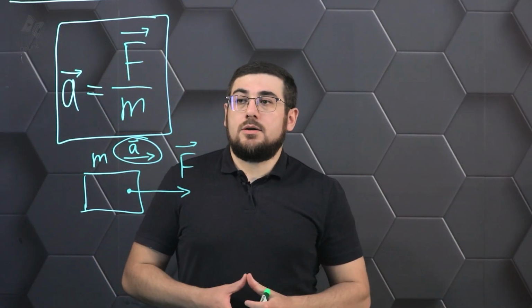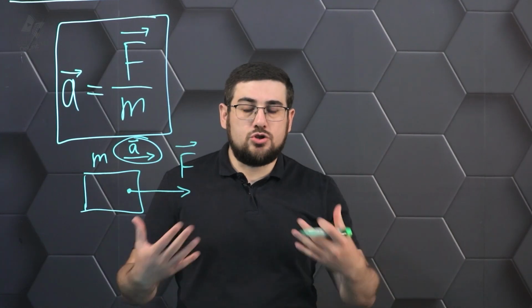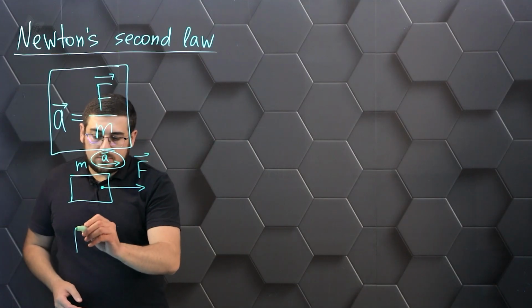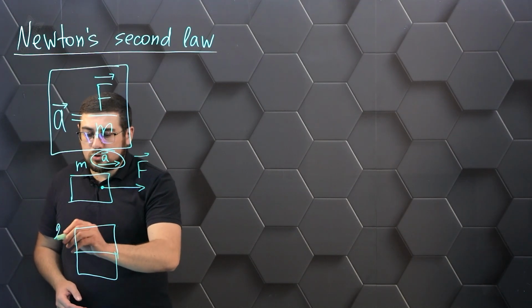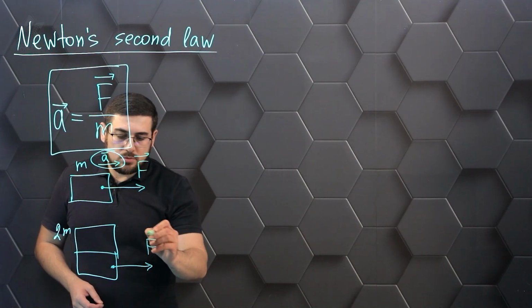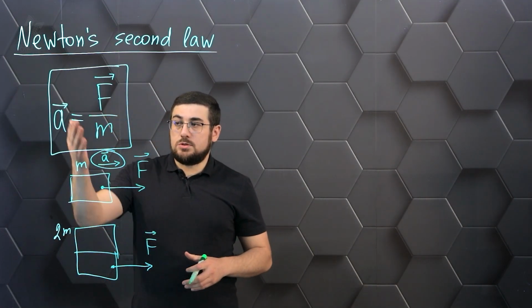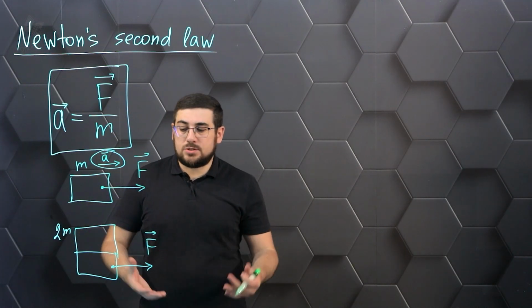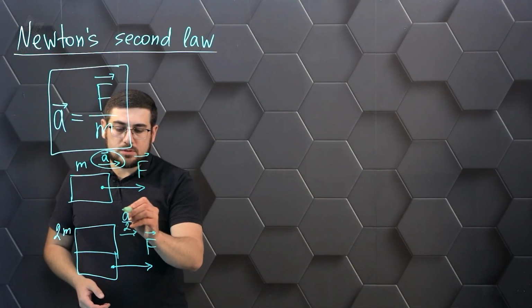What happens if we double, for example, the mass, that is, we put another object on top of this object, in which case we realize that the mass would be twice as much. But by applying the same force, we get half as much acceleration. So it's the result of an inversely proportional relationship. So we can show it like this.